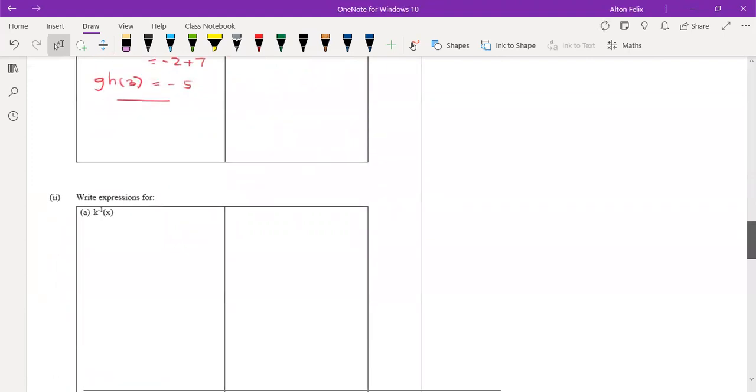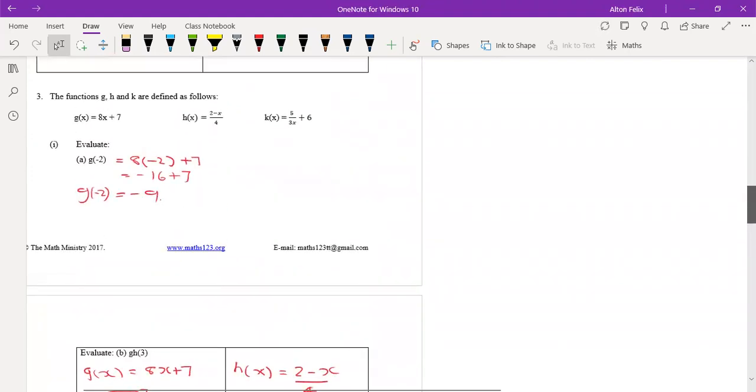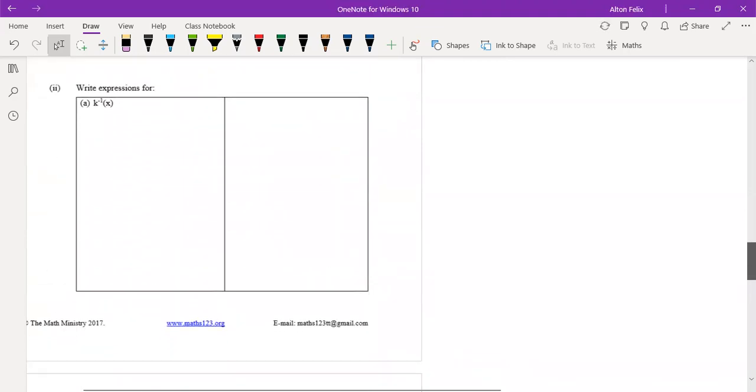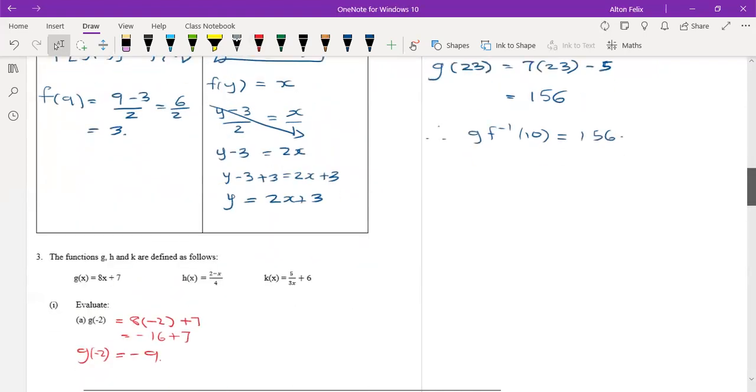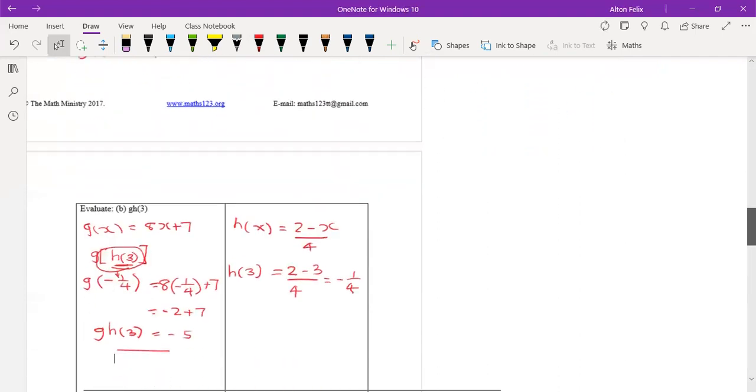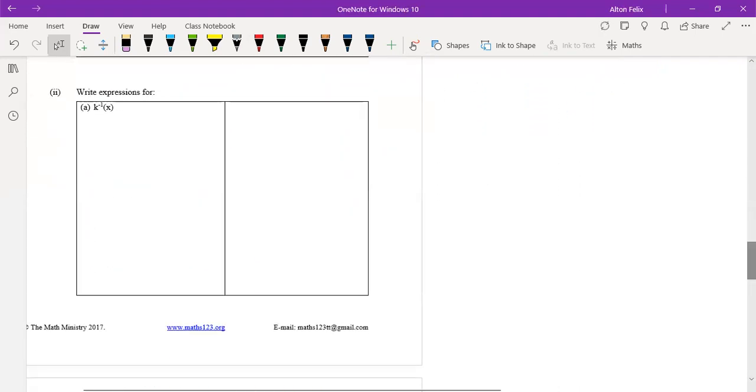So let's work out the inverse of that. k of x is 5 over 3x plus 6.